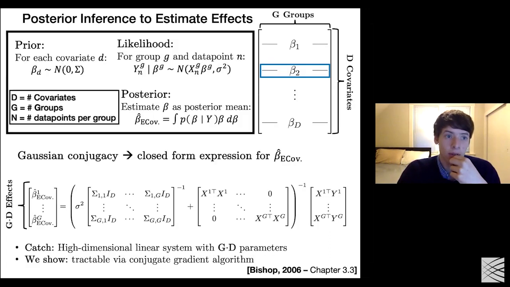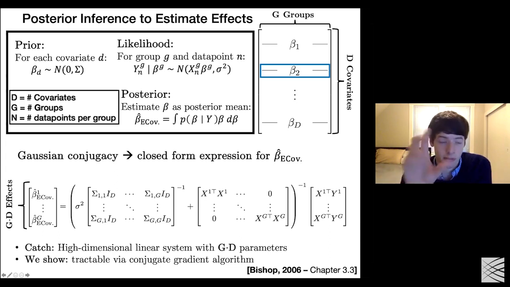So am I right that if you stare at this equation, you can see the reduction to the ridge regression case when the number of groups is 1? Yes. So in that case, these IDs, which I should have explained, are identity matrices of size D, so just ones on the diagonal, zeros everywhere else.